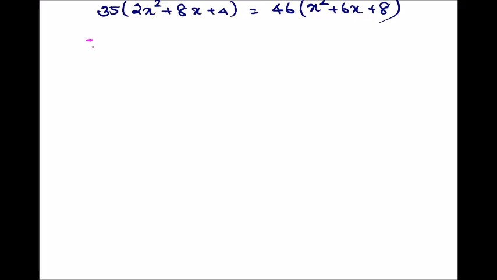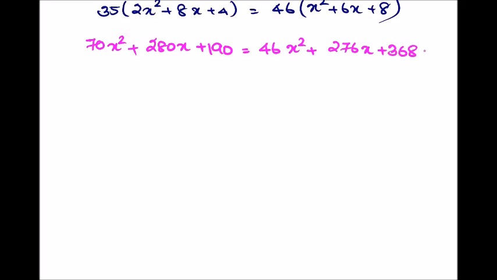That is 70x square plus 280x plus 190 is equal to 46x square plus 276x plus 368.